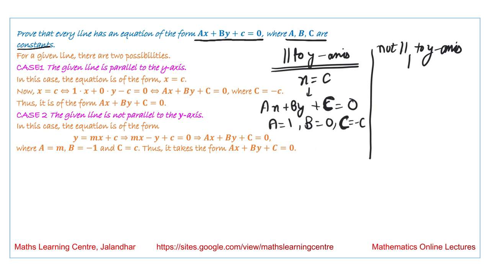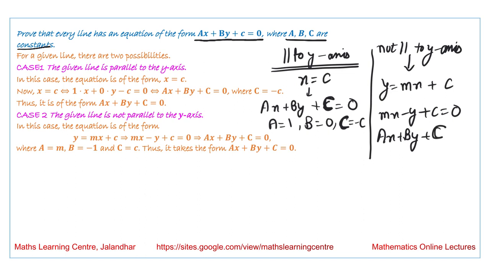And if it is not parallel to y axis, then we know that the equation is of the form y is equal to mx plus c. We write it as mx minus y plus c is equal to 0, in the form ax plus by plus c equal to 0, where a is equal to m, b is equal to minus 1 and c is equal to c.